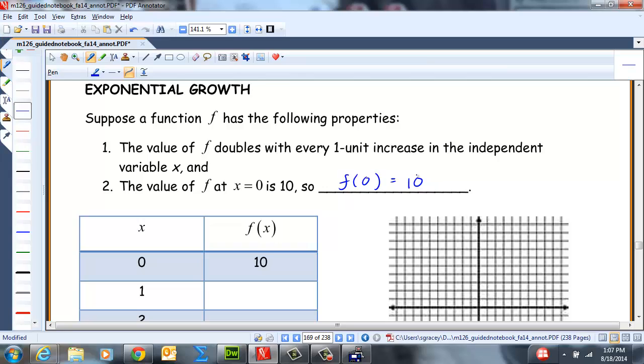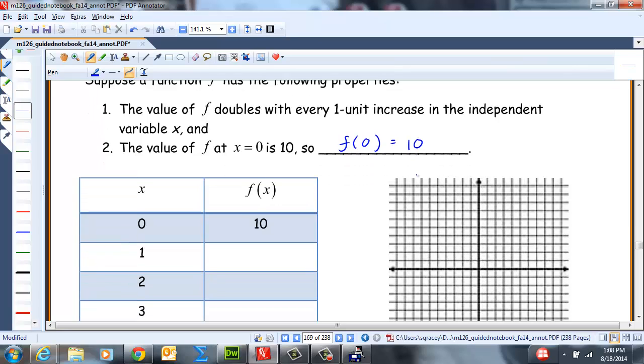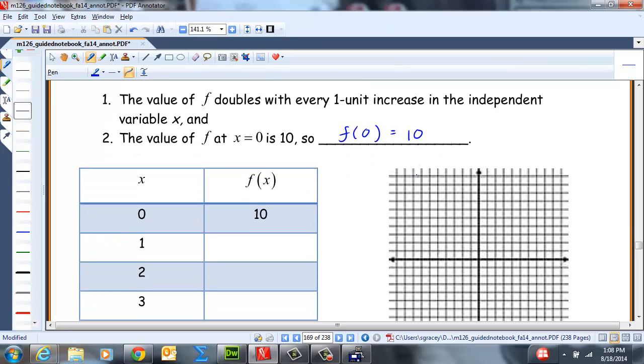We probably don't need all of these numbers, but we can take a look to get a trend here. So we know that f at 0 is 10, and we know that the y values are going to double with every 1 unit increase. So f at 1 will be double 10, which is 20.